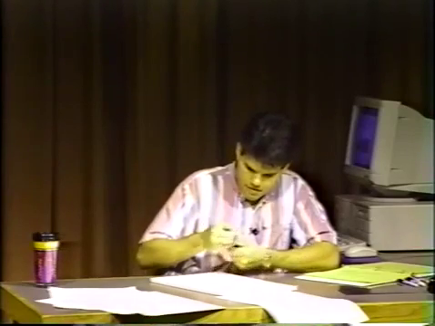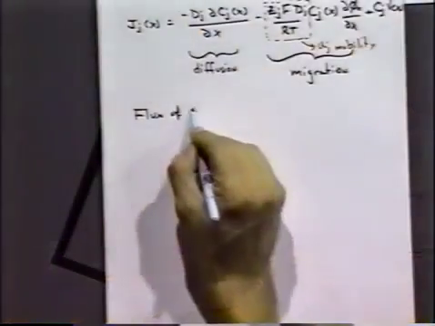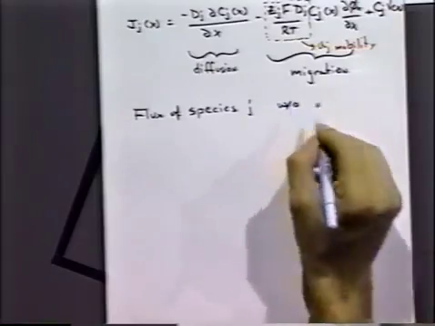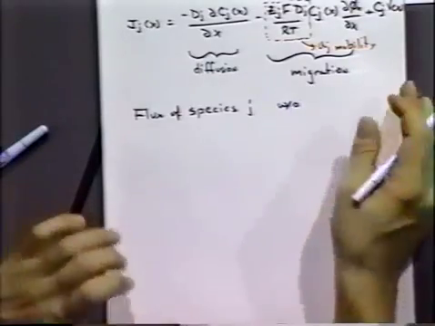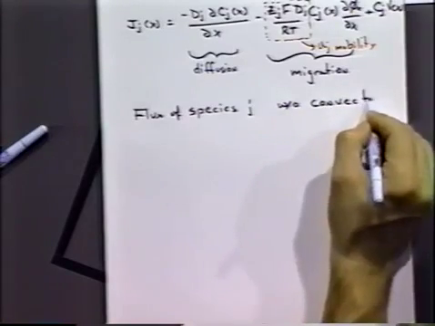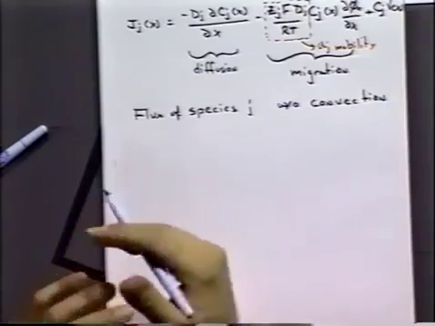All right, let's look at a situation where we look at the flux of species J. Again, let's eliminate convection, because we can eliminate convection just by not stirring the solution. In general, eliminating migration and diffusion requires more drastic steps.